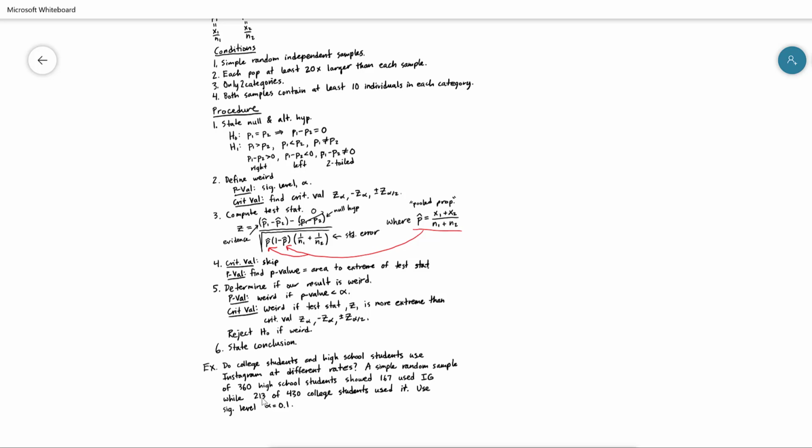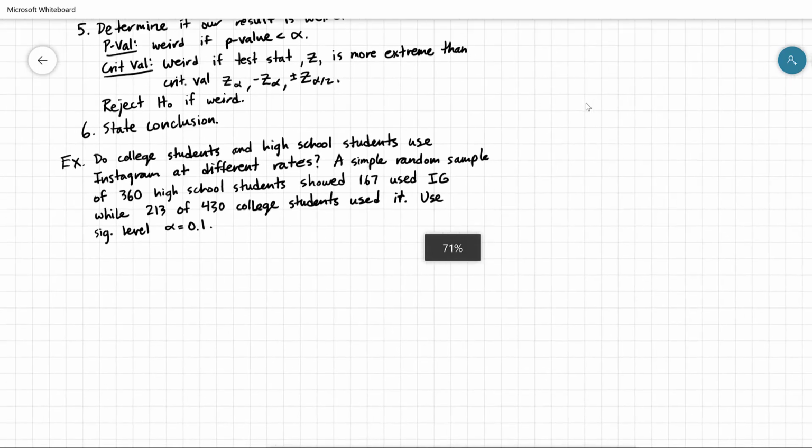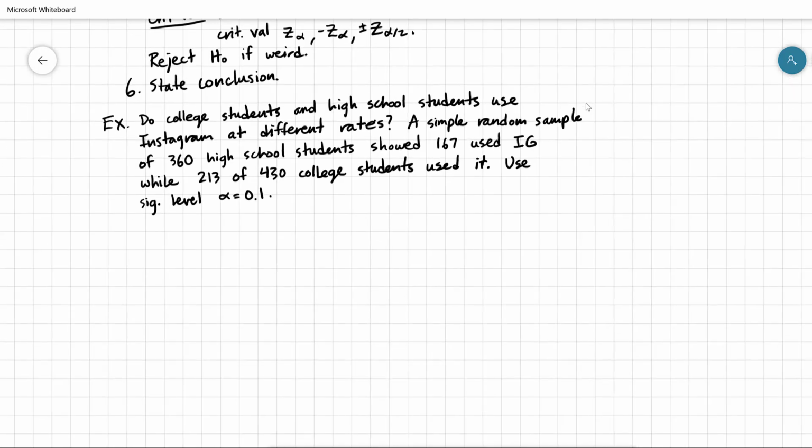And similarly for college, 213, that's definitely more than 10, and the remaining number, which looks like it'd be another 210-ish, 215-ish, did not. Both of those numbers are bigger than 10. So we've met all four of our conditions up here. We can proceed with our procedure. Let me zoom back in here.